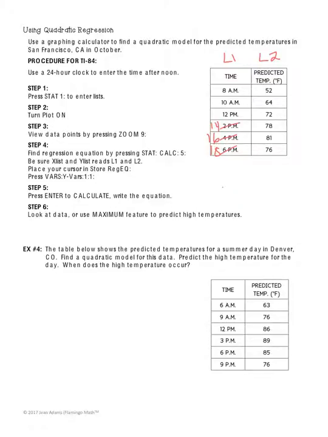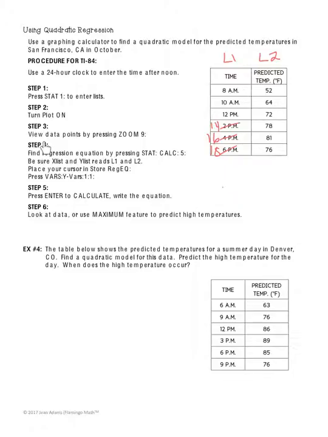To turn on your stats plots, there's 2 ways to do this. Way 1 is if you go into your y equals, you see at the very top of your y equals plot 1, plot 2, and plot 3. If you scroll up and highlight plot 1, it'll be flashing. All you have to do is hit enter and it'll turn it on. That's the easiest way to do it. So that's what I suggest you do. So that's how you turn your plot on.